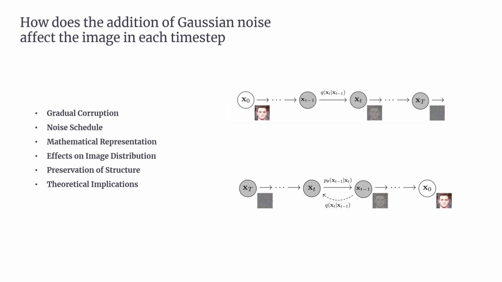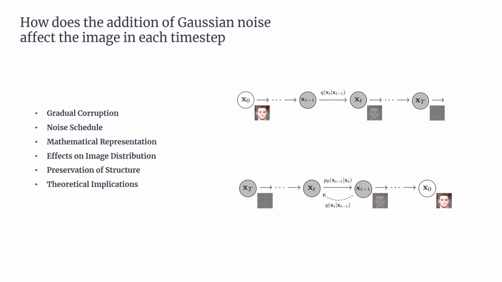2. Later time steps. As the time steps progress, the image becomes progressively blurred and loses its original features. By the end of the process, it's almost entirely noise. Sixth, theoretical implications. 1. No clipping. Unlike traditional image processing, the noisy values of the image are not clipped to standard pixel value ranges, like 0 to 255.